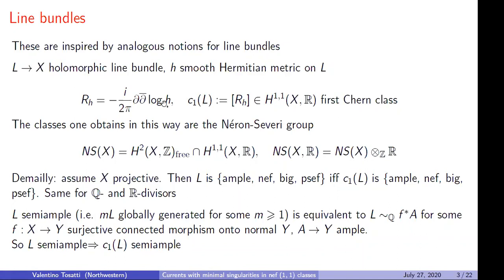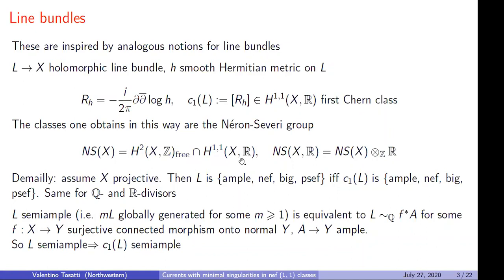Of course this class does not depend on the choice of the metric h. And for every holomorphic line bundle, you obtain in particular a (1,1)-class. The classes that one obtains in this way are well known. It's the Néron-Severi group, NS, which is simply H^{1,1} intersected with the free part of H^2(X,Z). This requires a little explanation. H^{1,1} by definition embeds into H^2(X,C), or H^2(X,R) if you want. And H^2(X,Z) usually doesn't embed in H^2(X,R), but the free part does.